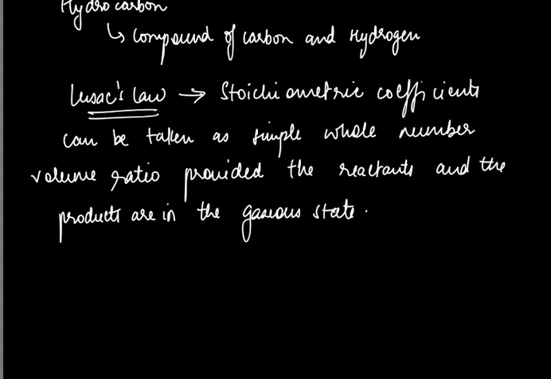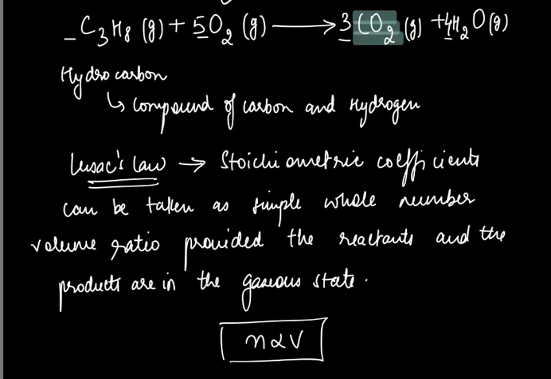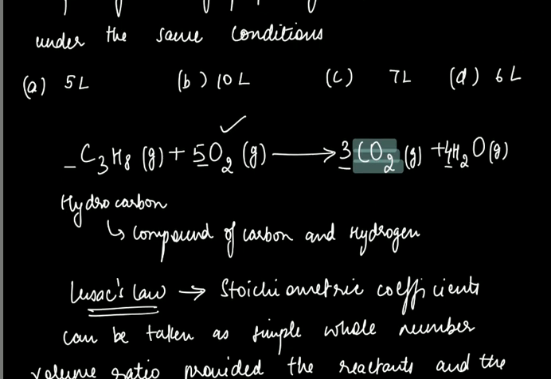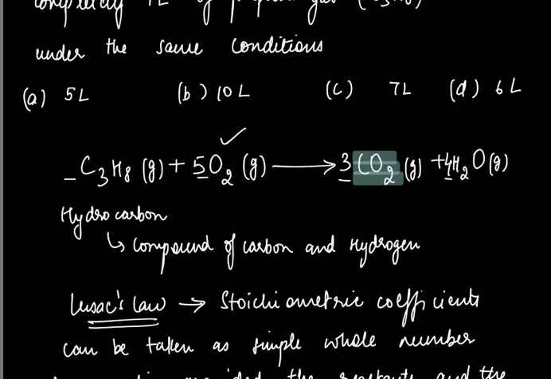We know that the number of moles is directly proportional to volume. Again, you can watch the mole concept videos which I uploaded. So the number of moles is directly proportional to volume, right? This was Avogadro's work, so this is an old law. This is not correct for every kind of equation, but the number of moles we can apply for any kind of equation. But over here we can take the coefficients as a simple whole number volume ratio.